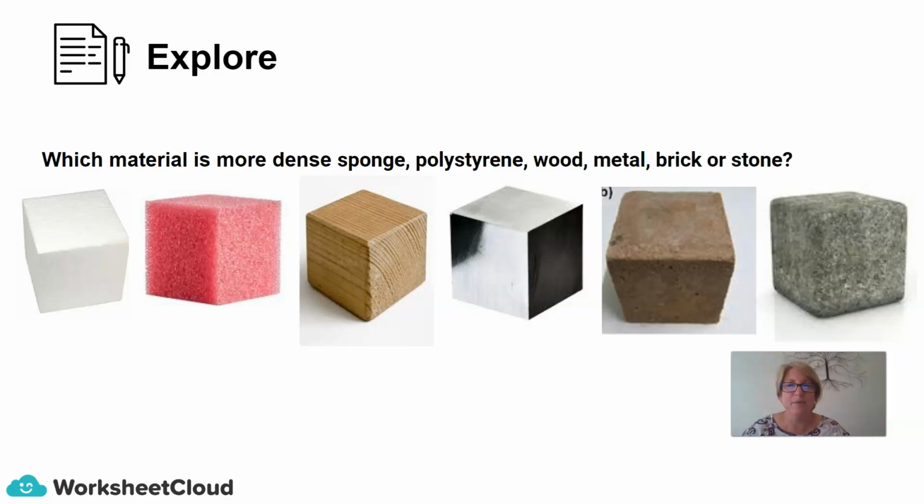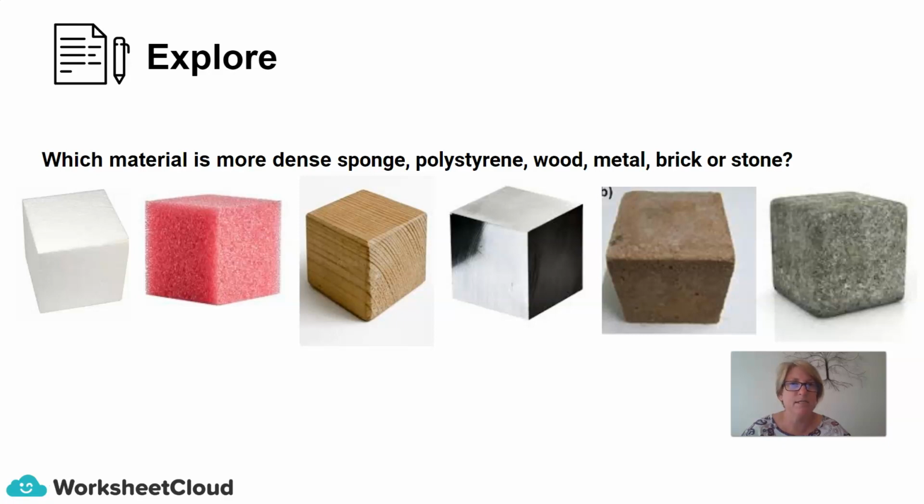So just to recap this lesson, if we have to put these substances in front of you, which would you say is more dense? Okay, so in this scenario here, we are assuming that our volume is the same. So all these cubes have got the same volume. So then you start to think to yourself, okay, so what would the mass then be?